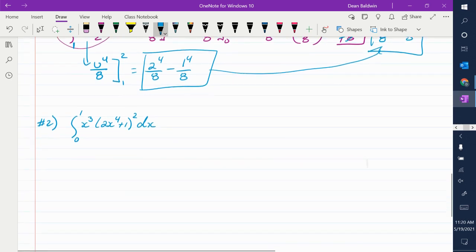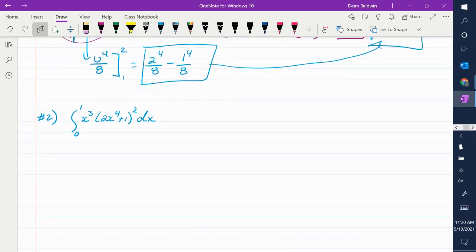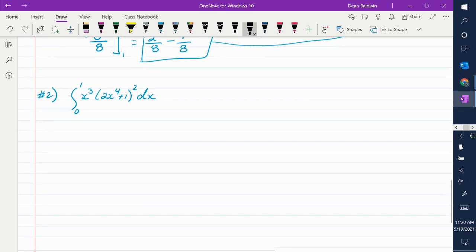Okay, so there's our integral. Is this going to be a nice one that works out? Yeah, right? Because we got 2x to the 4 and the outside is an x cubed. Do you want me to let you try it? And then I'll put up my answer.